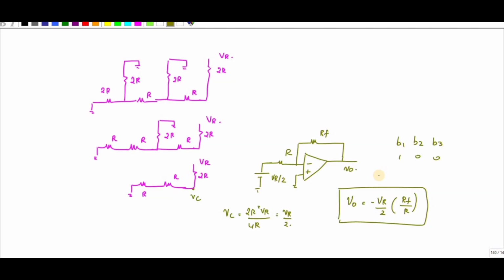So what will happen when B1, B2, B3 is equal to 111? Okay. So I can write V0 is equal to minus VR divided by 2 into RF by R for 100.